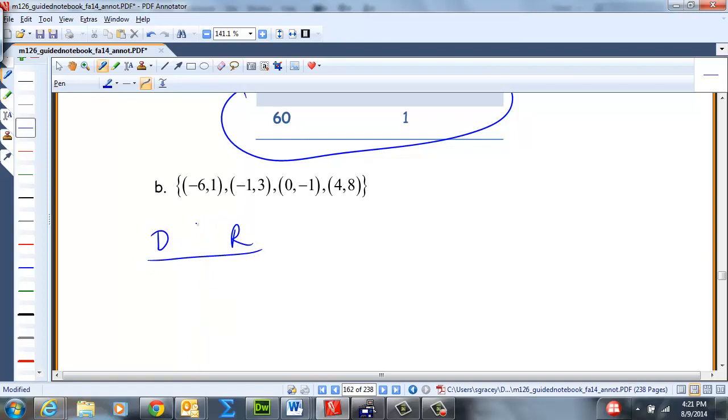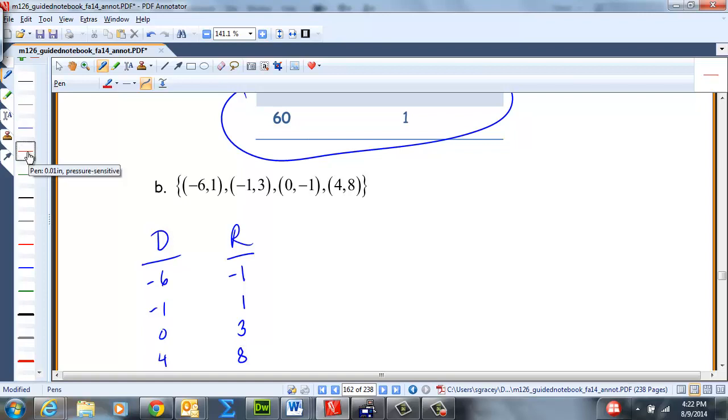Actually, let's just list the values without repeating. So, domain and range. Our domain values in ascending order are -6, -1, 0, and 4. And our range values in ascending order are -1, 1, 3, and 8.